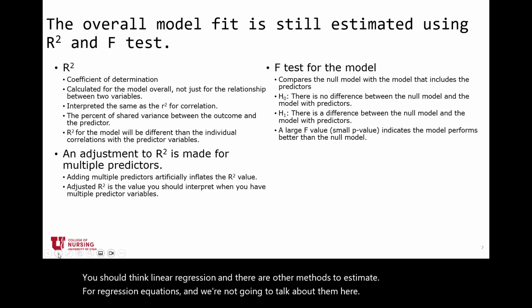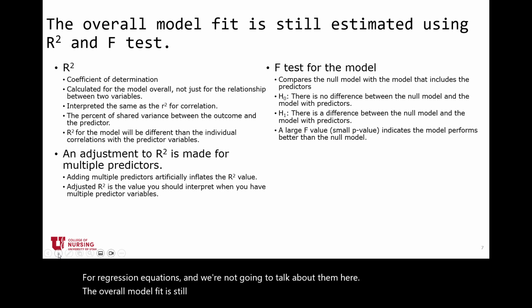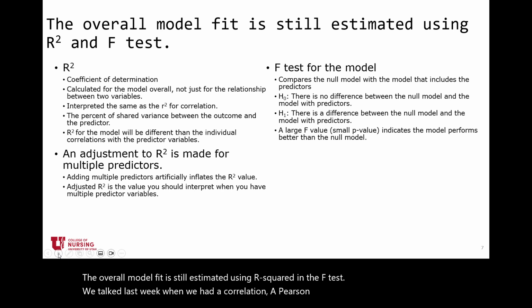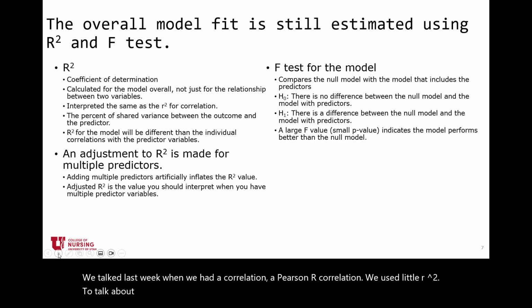The overall model fit is still estimated using R squared and the F test. We talked last week when we had a Pearson r correlation, we used little r squared to talk about the percent of shared variance between the independent variable and the dependent variable.